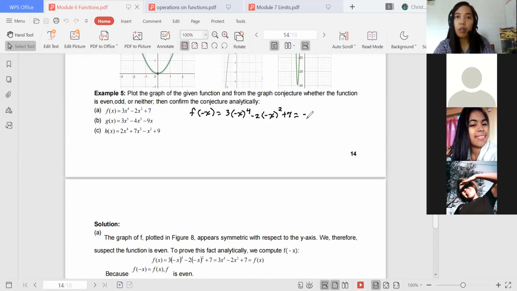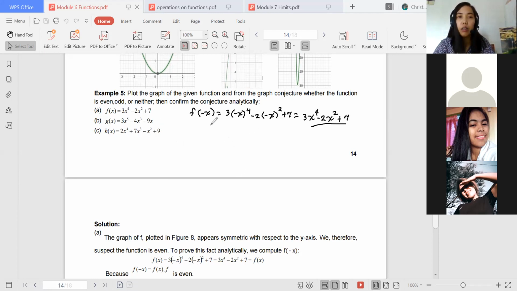So we will have 3x to the fourth. This is x squared times negative 2. That's negative 2x squared plus 7. So 3x to the fourth minus 2x squared plus 7. That is the same as the given function. Therefore, letter A is an even function. Okay? The first one is an even function.